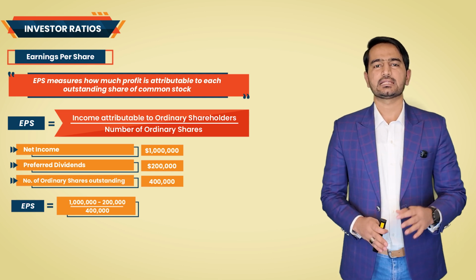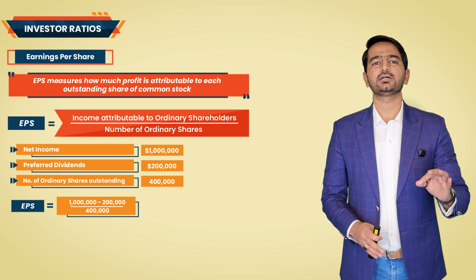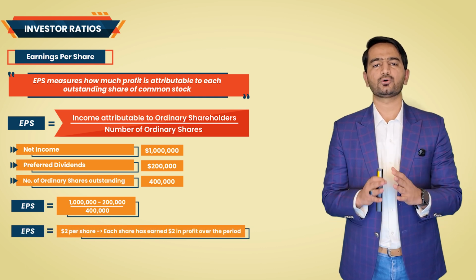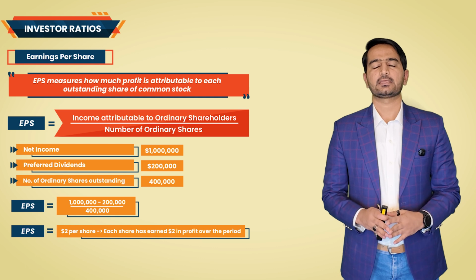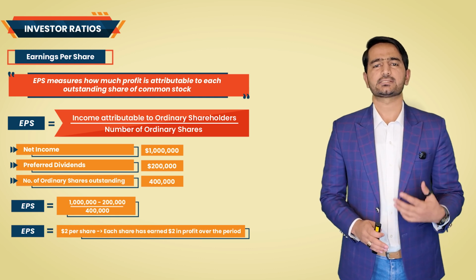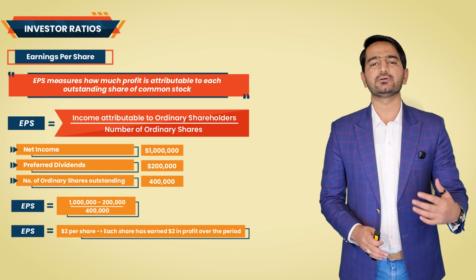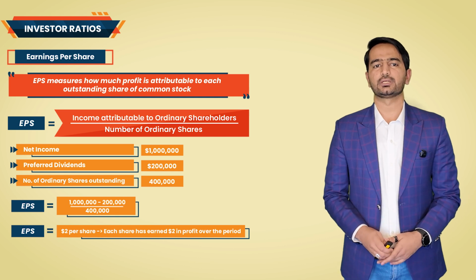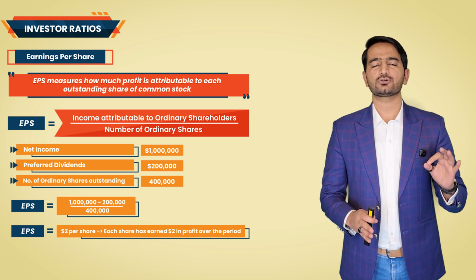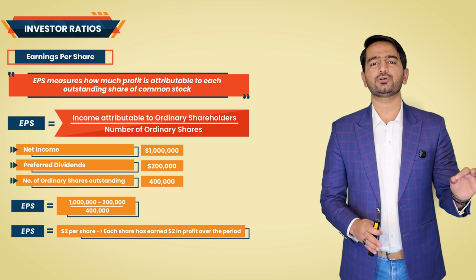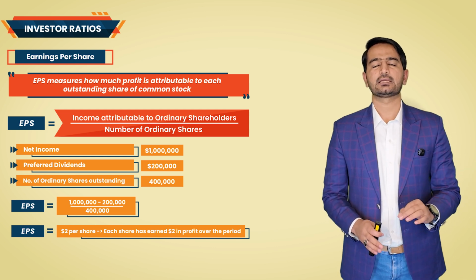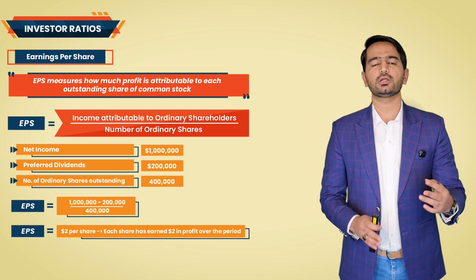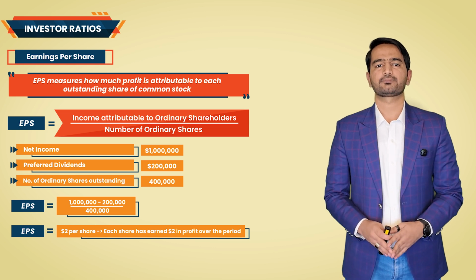This means that each share has earned $2 in profit over the reporting period. The final answer of EPS represents the earnings available to each ordinary shareholder. This EPS of $2 means that for each share held, the company has earned $2 over the reporting period.